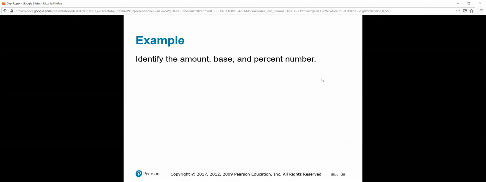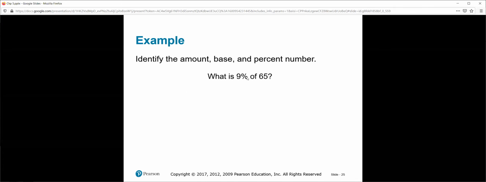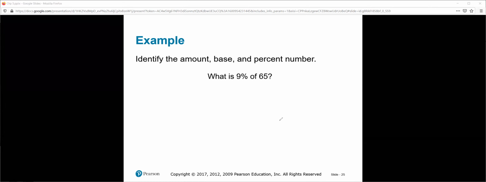Anyways, so let's go over an example. Identify the amount, base, and percent number. Again, why is this important? Because our equation involves those two things and 100 for definition purposes. So what is 9% of 65? What is our equation that we start out with?